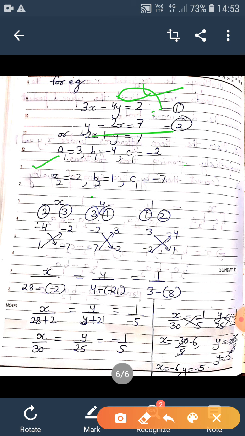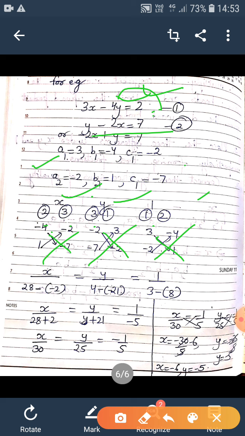Now using our formula, writing first x, y and 1, then 2 3 1 2, we write the coefficients like this, then the downward and upward products, and the upward product is subtracted from the downward product. So we have minus 4 into minus 7, which is 28, minus minus 2 into 1, which is minus 2.